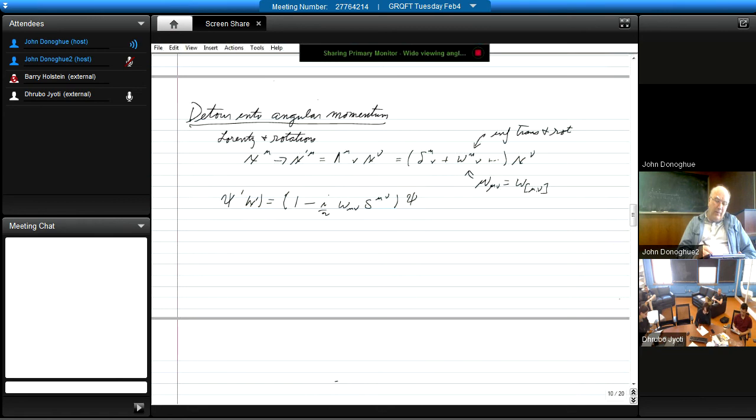In general, I'll come back and do this, but this is actually for general fields. I could write out an S mu nu also for a spin 1 field. For spin a half, S mu nu is sigma mu nu.